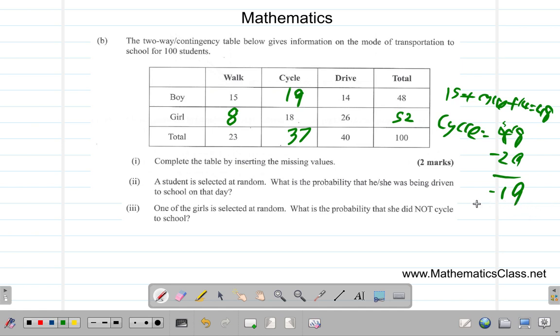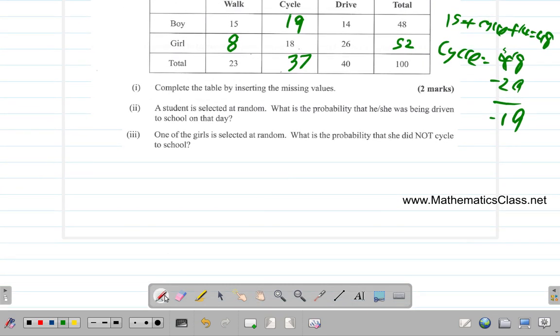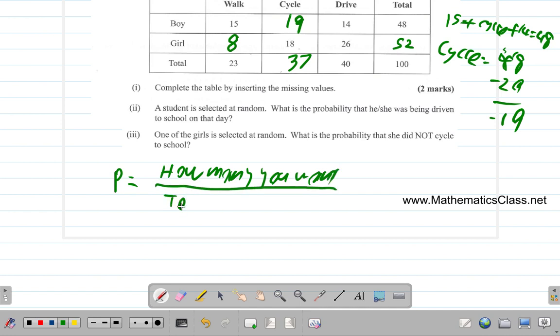So, a student is selected at random. What is the probability that he or she was being driven to school on that day? Alright. Remember what probability means? Probability means how much you want, or how many you want, over the total available.